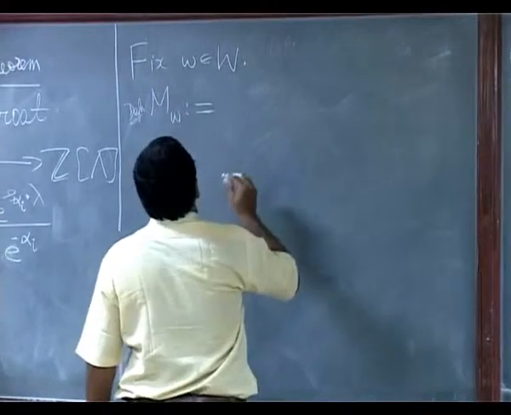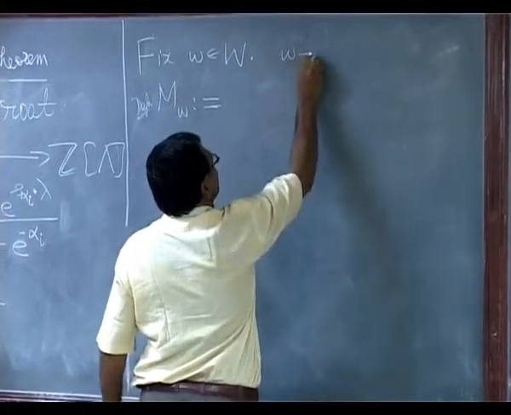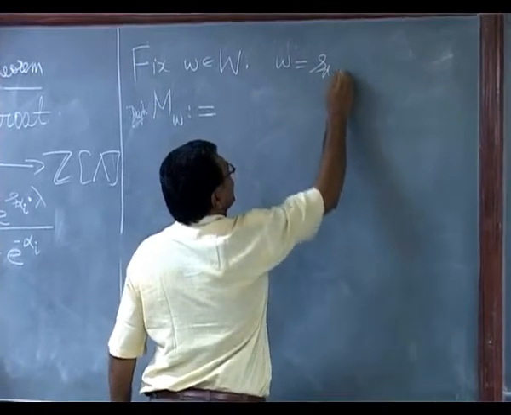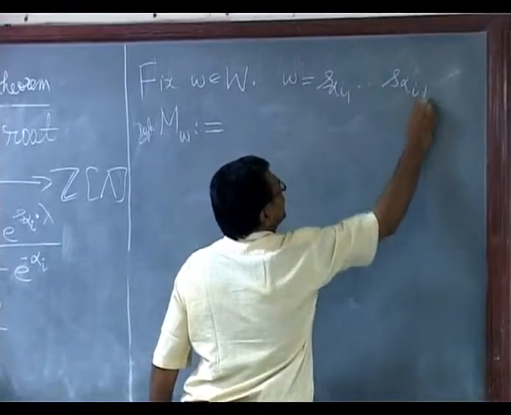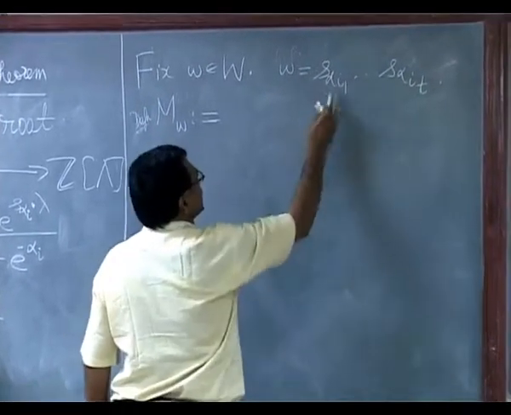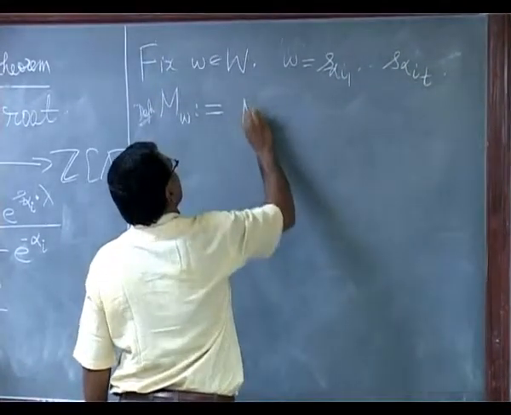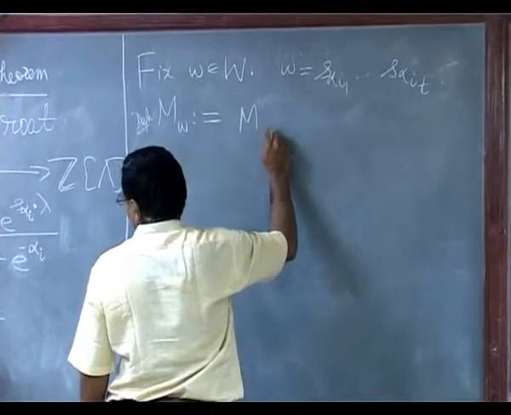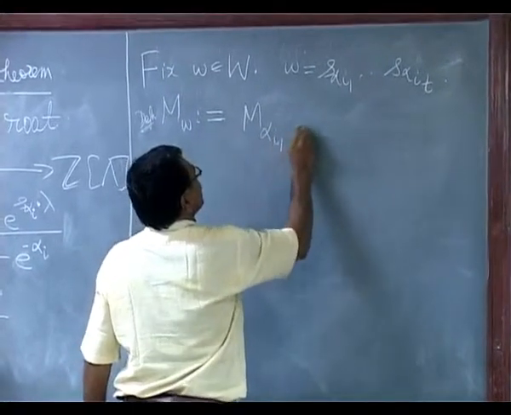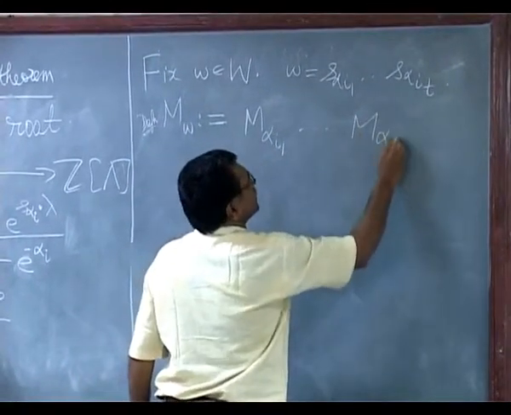So, m_W, and say it is of the form s_{alpha_i1}, s_{alpha_i2}, a reduced expression. Then you have m_{alpha_i1}, m_{alpha_i2}.